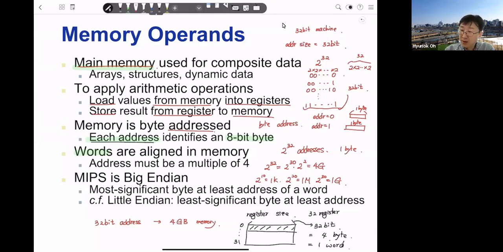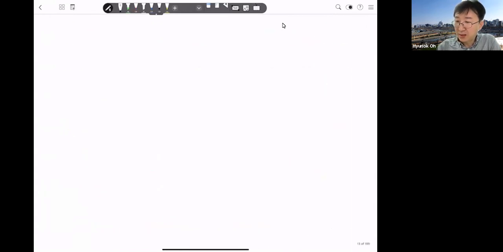So the words are aligned. A word is 4 bytes, right? So to read one word, the address should be a multiple of 4. What this means is, here there is a register in the processor, which is 4 bytes.